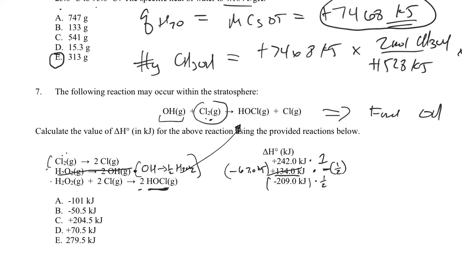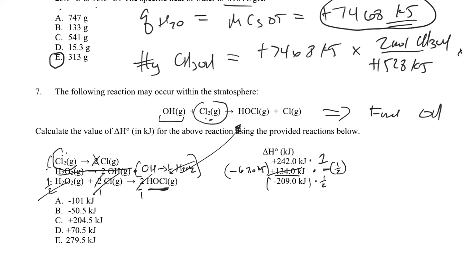kJs. And in the second reaction, once I cut the coefficients in half, I get 1 here, half here, so the half H2O2 cancels. The chlorine atom cancels, but one of them, so one of the chlorine atoms cancels, and I'm left with just one.